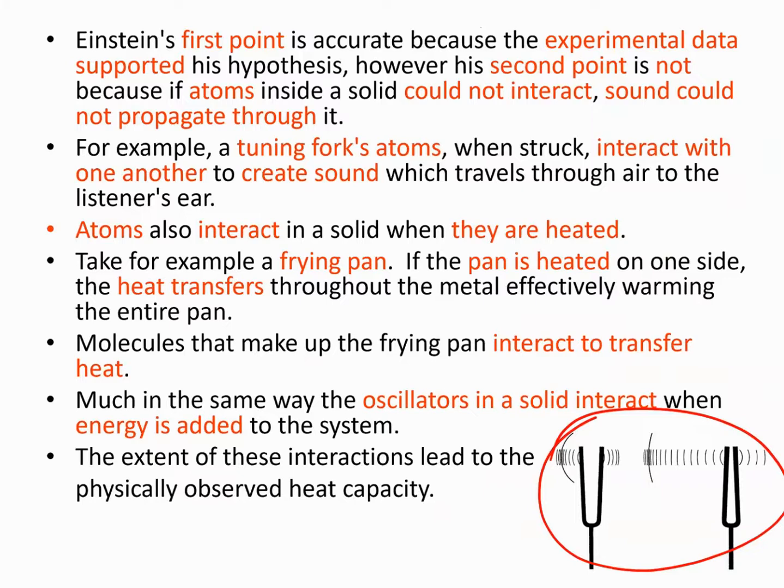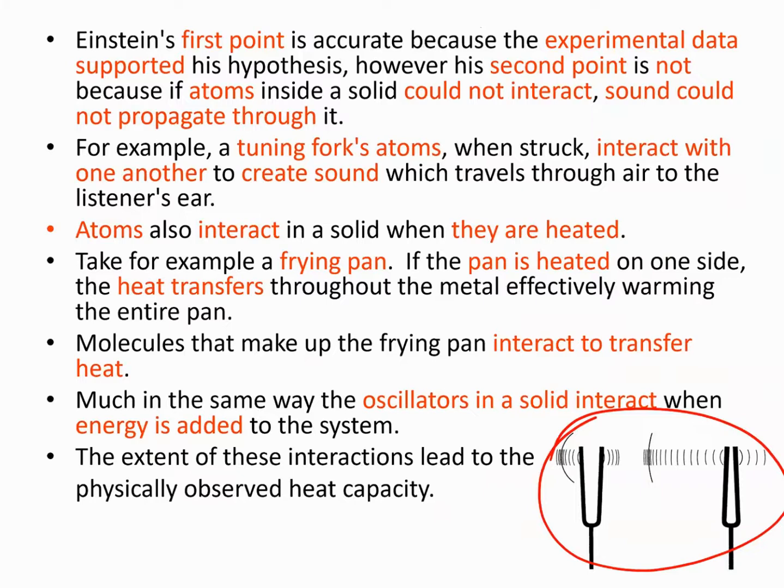So atoms also interact in the solid when they are heated. When you heat, let's say, an iron rod from one end, the heat is transferred from one end to the other end. Why can the heat be transferred? Because the first atom passes the energy to the second atom, the second atom passes the heat to the third atom, and so on. So the atoms actually interact with each other.